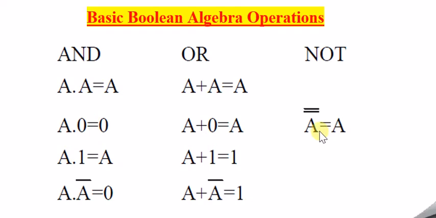So for A bar bar, if A is 1, then the double bar will be 1 only, because if we invert 1 one time, it will be 0, and inverting 0 again will give you 1. So this is all about the basic Boolean operations which you have to remember: AND, OR, and NOT.